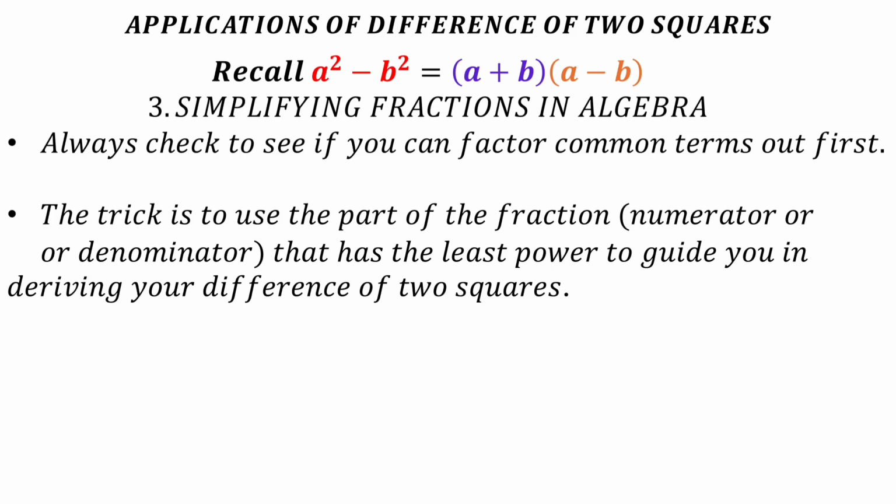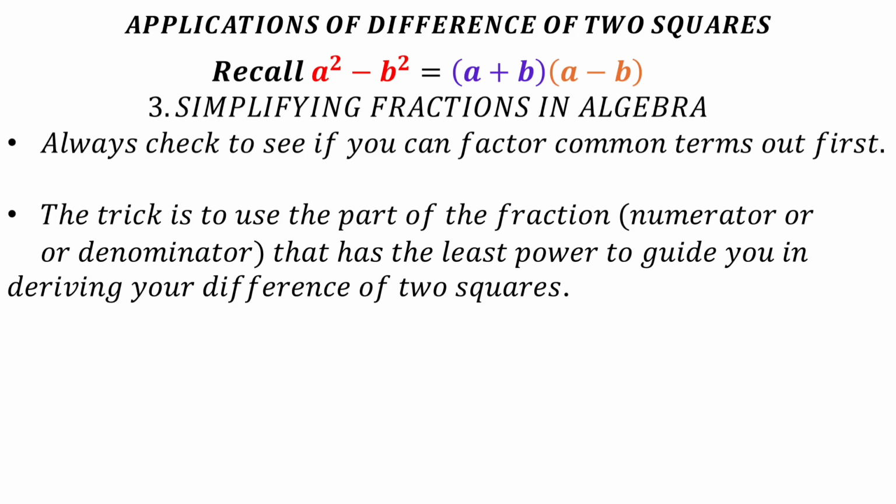For example, the numerator's highest power may be x to the fourth power, whereas the denominator's highest power may be x to the second power. Usually, not always, the one with the smallest power gives you an idea. So you focus on the one with the highest power and try to get your difference of two squares there.